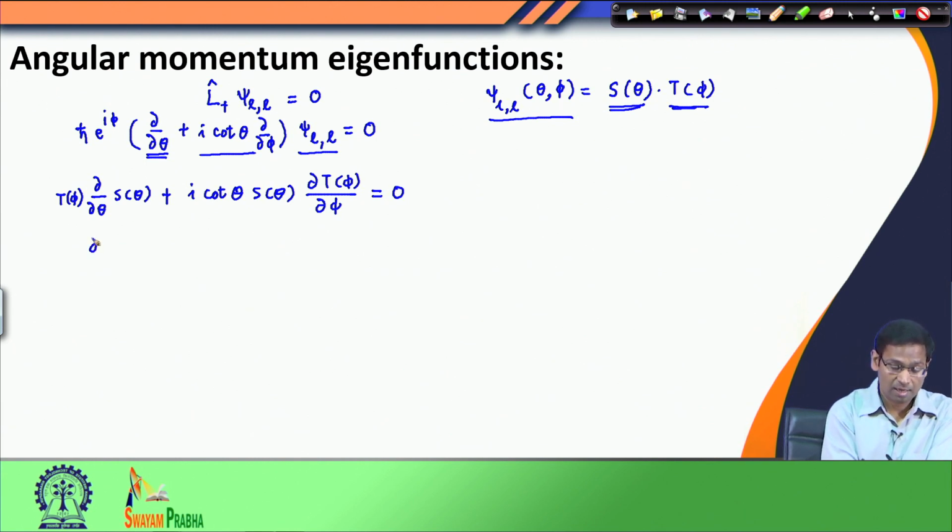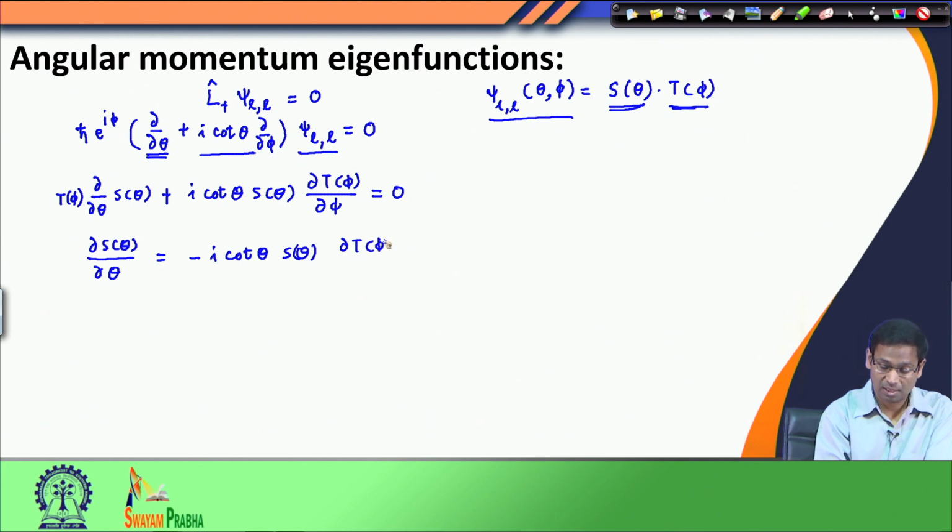So, here I have ds of theta by d theta plus, equals minus i cot theta s of theta dt of phi d phi, and I bring this t phi from left hand side to right hand side.